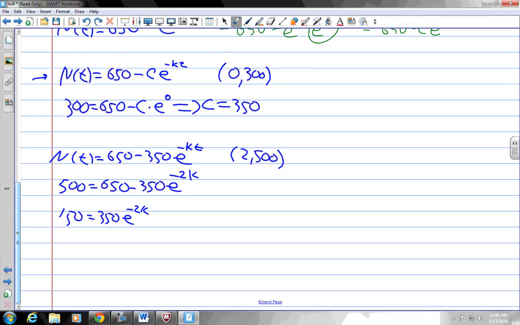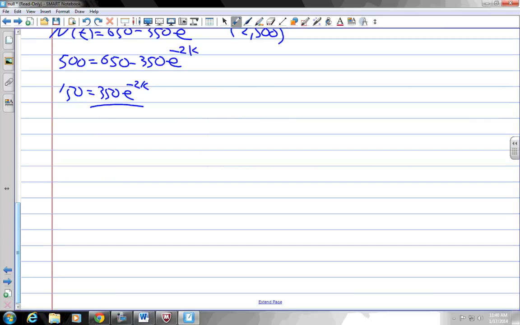Then we divide by 350. Feels like I should be able to reduce it, so 3/7, right? So what now? Take natural log. So it's negative 2k equals ln of 3/7.